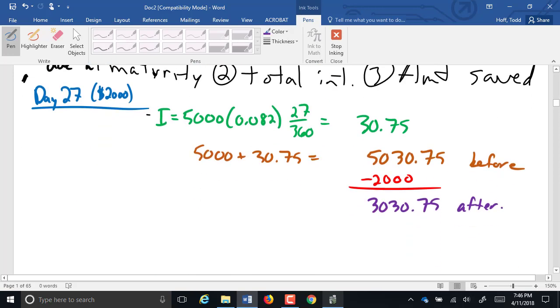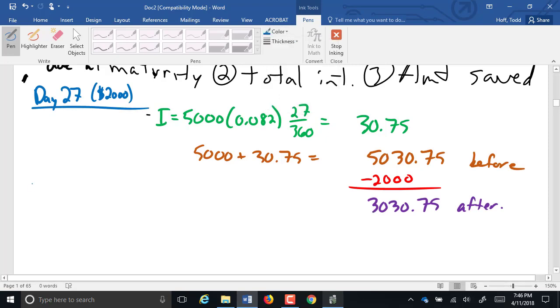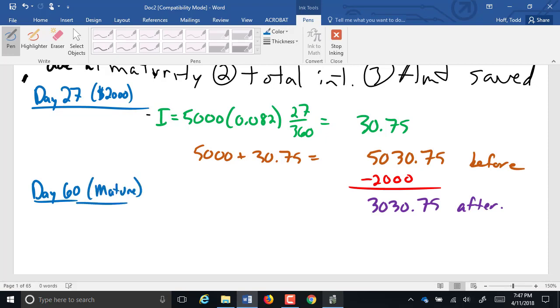So now this is a 60-day loan. So now we go to day 60. That is maturity. The days are 60 minus 27, or 33 days.